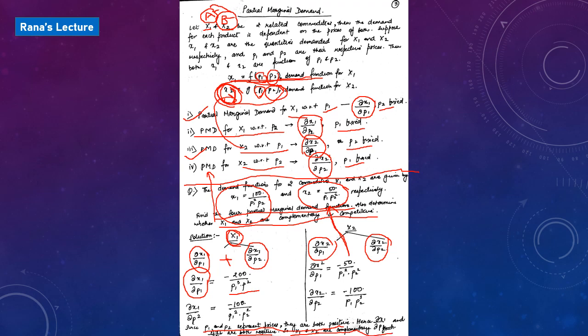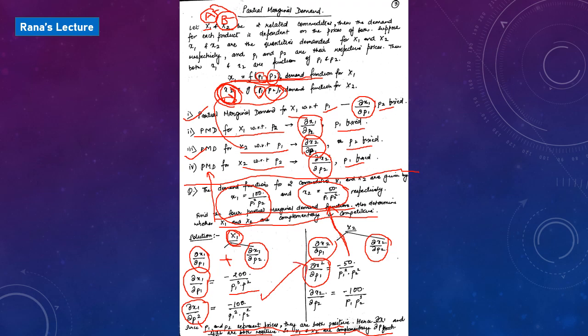How do we see this? Why? We have to see the change in quantity demanded, right, with respect to the price of the other quantity over here. Okay? And over here we have to see the change in quantity demanded of X2 with respect to the price of the first commodity. Then only we can conclude. Right?